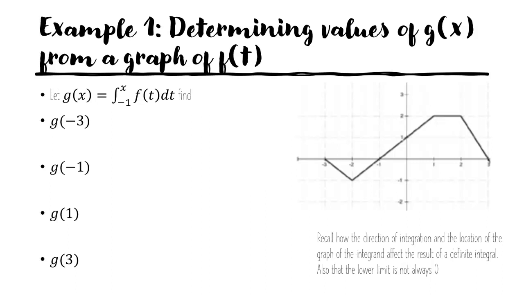So g is equal to the integral of f of t starting at -1 and going to x. So if you are looking for g of 3, then you are taking the integral from -1 to -3 of f of t dt.